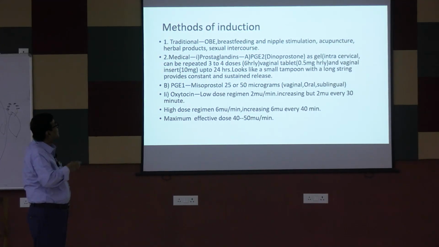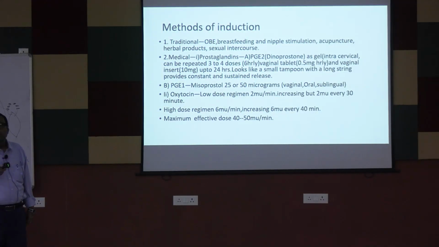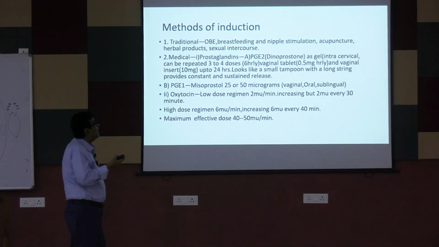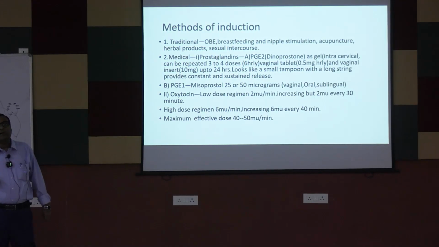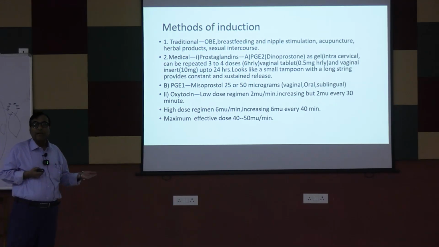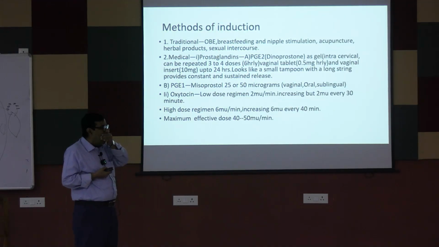Then nipple stimulation. Nipple stimulation induces oxytocin secretion, so it may induce labor. Also acupuncture, herbal products, and sexual intercourse. Sexual intercourse works because of the presence of prostaglandin in seminal fluid. Prostaglandin is the most important factor in initiation of labor.